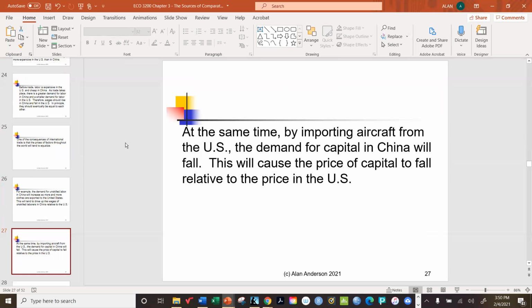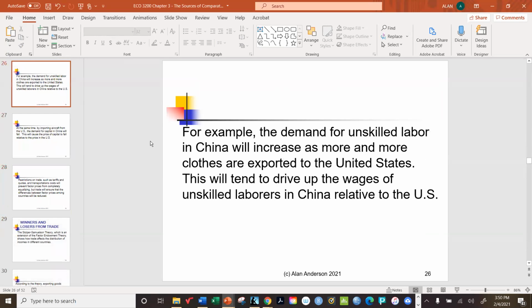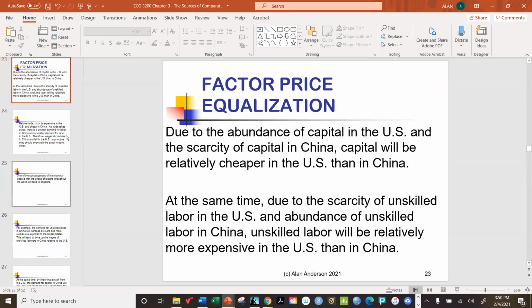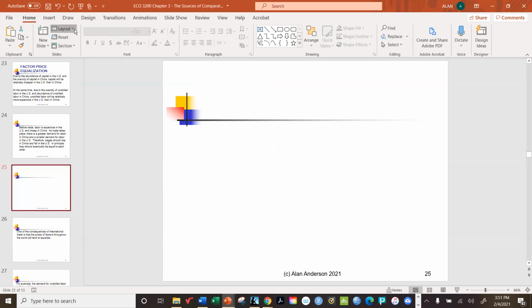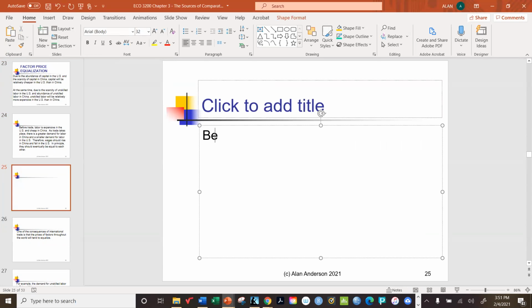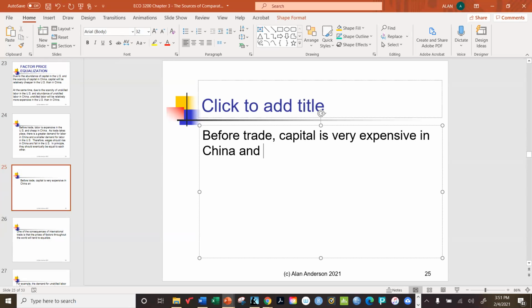Now at the same time though, capital, let me add this to what we just did. Before trade, capital is very expensive in China and relatively cheap in the US.